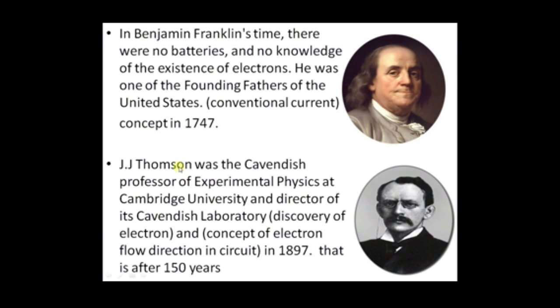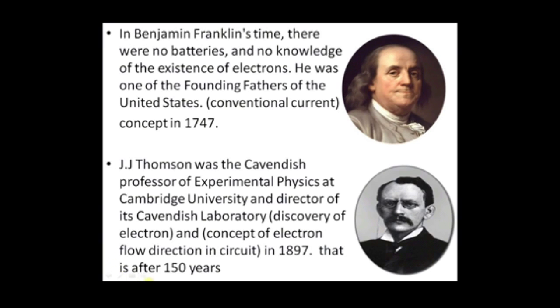And the technique that was right was discovered by J.J. Thomson. He was a Cavendish professor of experimental physics at Cambridge University and the director of its Cavendish Laboratory. The discovery of the electron and the concept of electron flow direction in a circuit was made by J.J. Thomson in 1897.